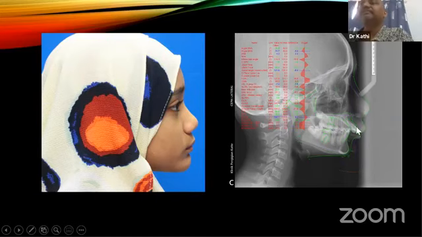There are so many digital programs that you can use to trace the lateral ceph. The one that I'm using automatically traces it. That means after taking the lateral ceph, it puts the points automatically and gives me all the readings. So I can have a different analysis, even any analysis I can request, and they can add it into that software.